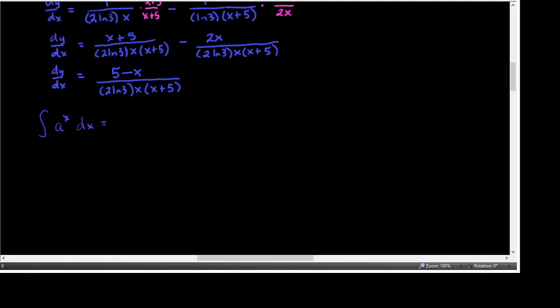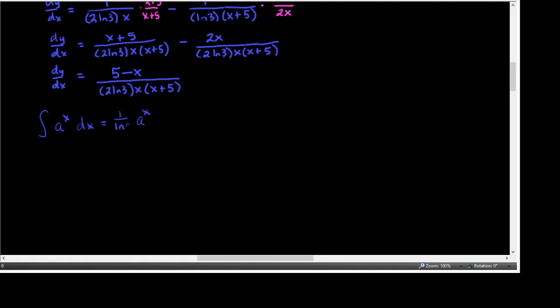Okay. So here, the rule is for the antiderivative of a to the x, it's almost the coolest function ever. So we're going to get back a to the x. Now, when we did the derivative, we multiplied that by the ln of the base, so times ln of a. But because we're doing the antiderivative, instead of multiplying by ln of a, we'll divide by ln of a.